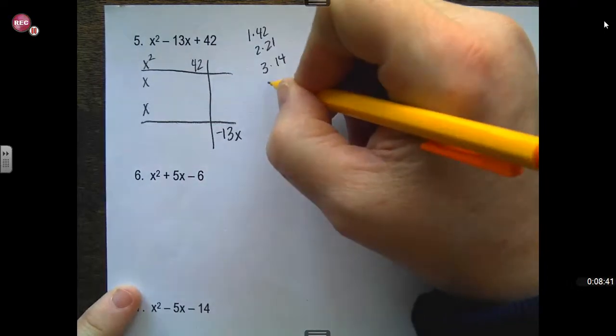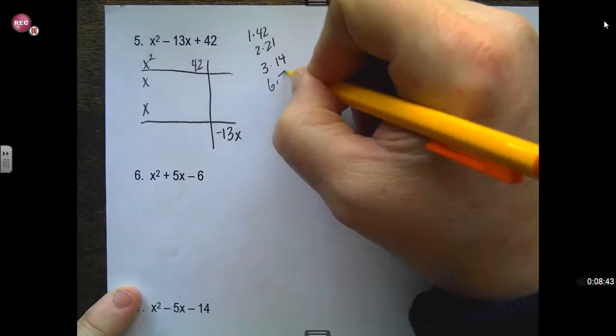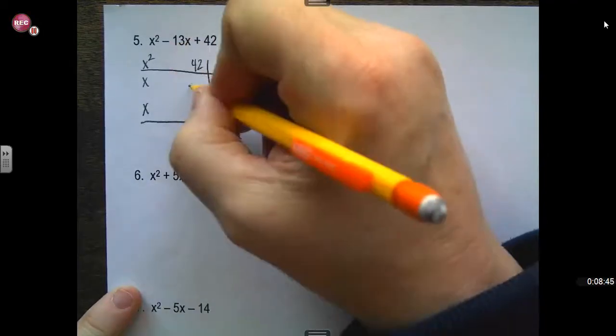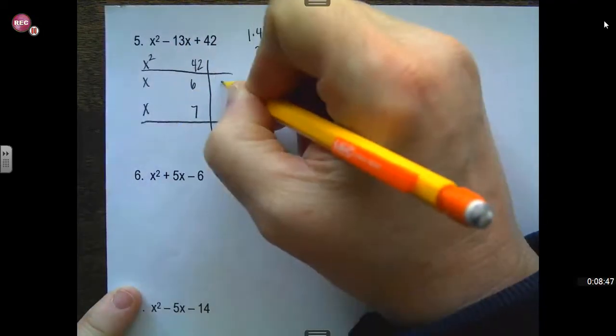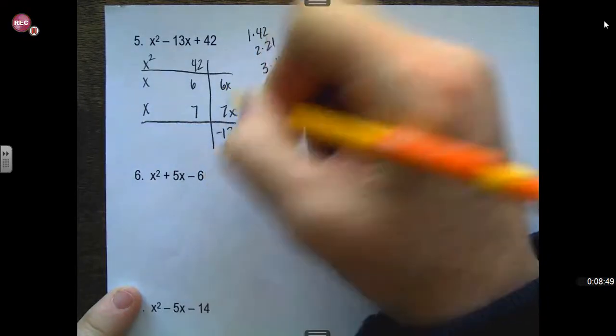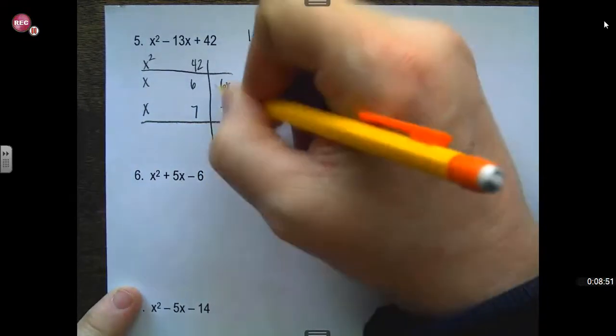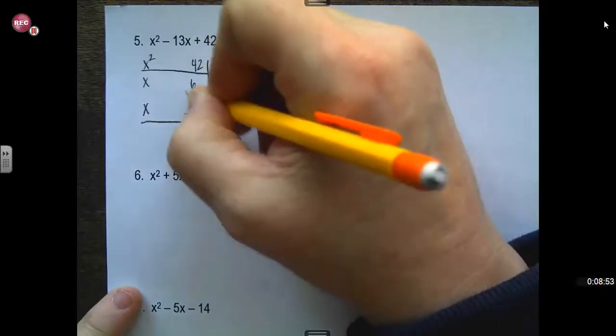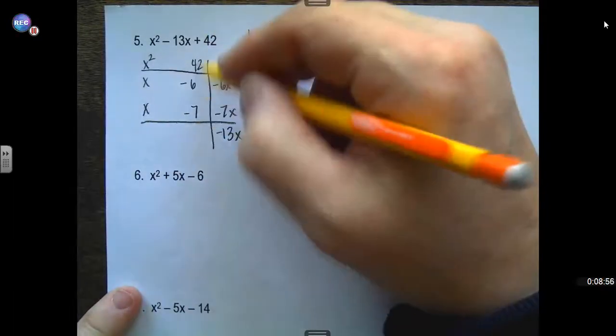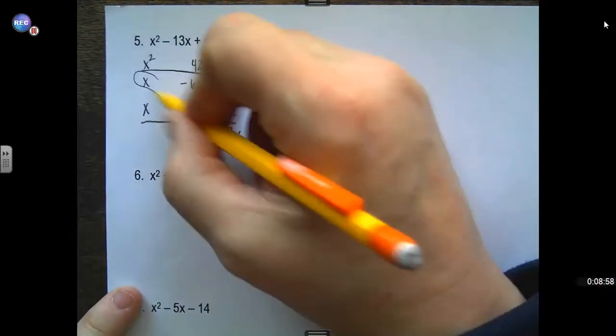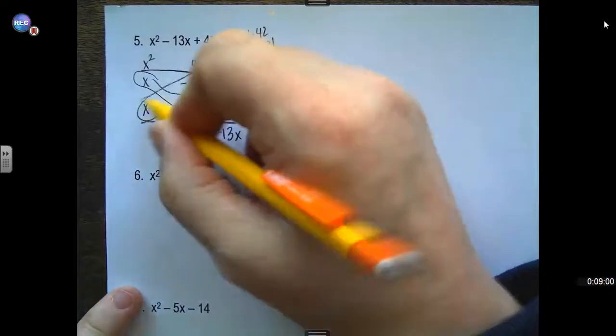No. 5, no. 6 times 7, that's what we need. So 6 and 7, multiply across, and looks like they both need to be negative in order to make this work. And then we check it, yep. So x minus 7 times x minus 6.